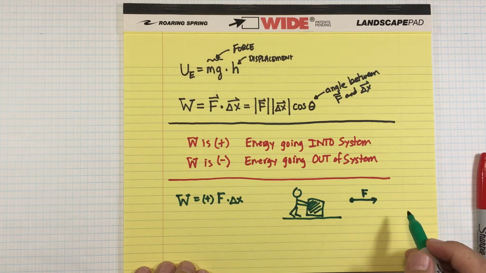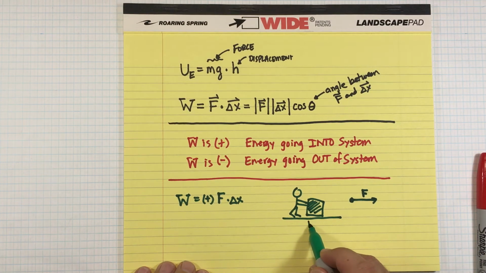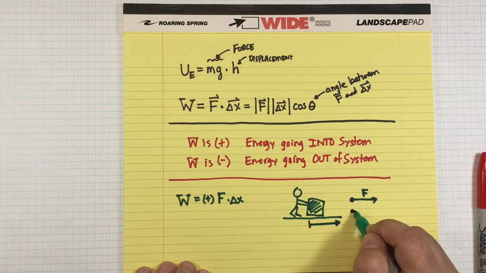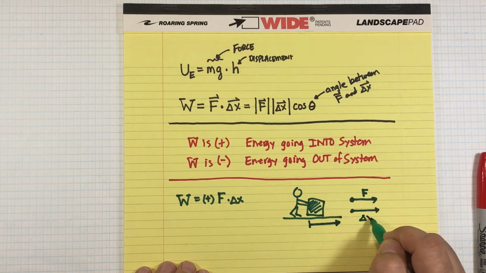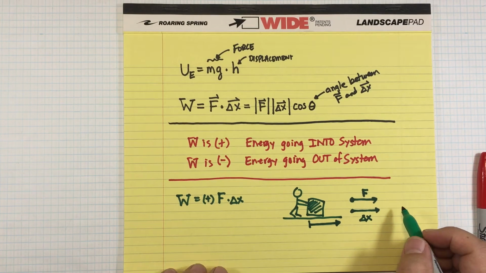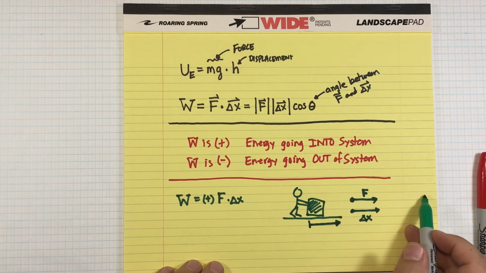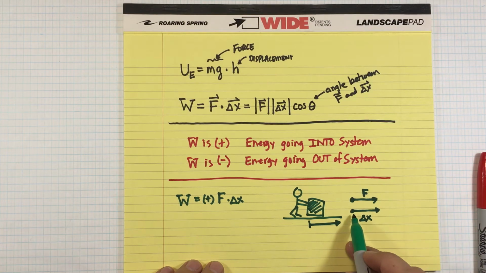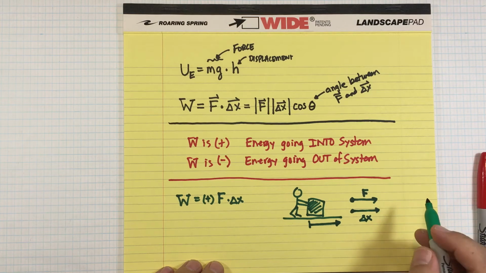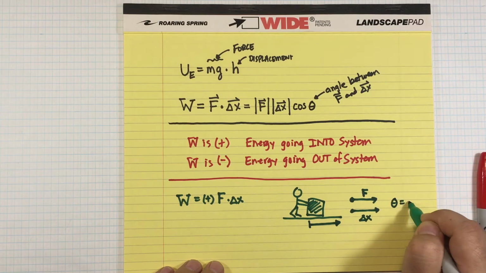Okay, and then the box is moving from wherever I started to wherever I end. Okay, and so in the same way, the displacement points from the left to the right. Okay, so the angle between the direction that F points and the direction that the displacement points is in fact 0 degrees.